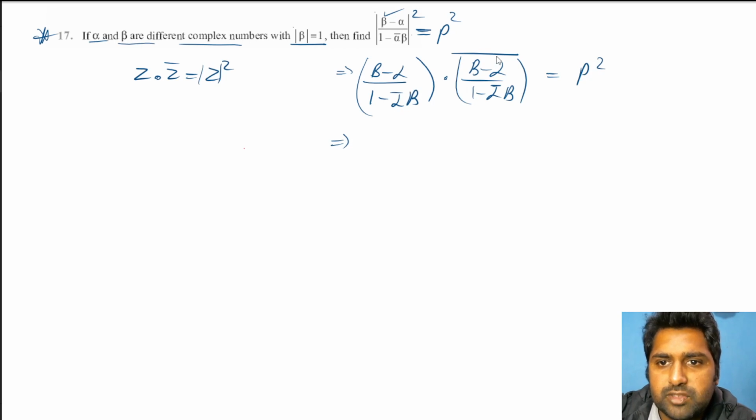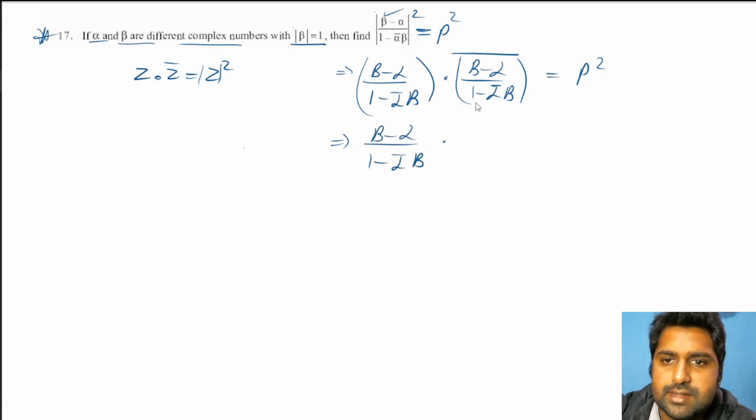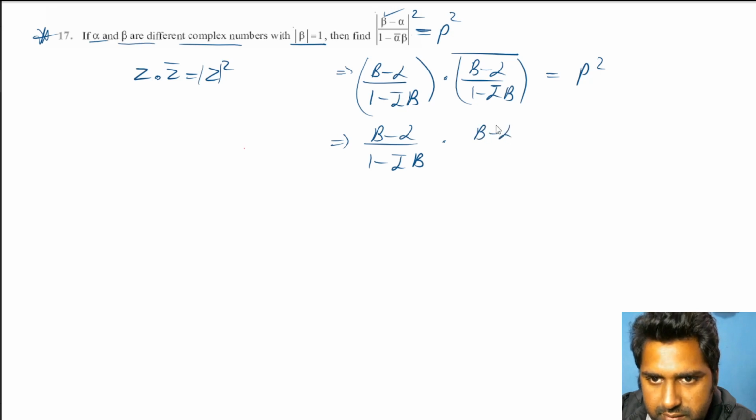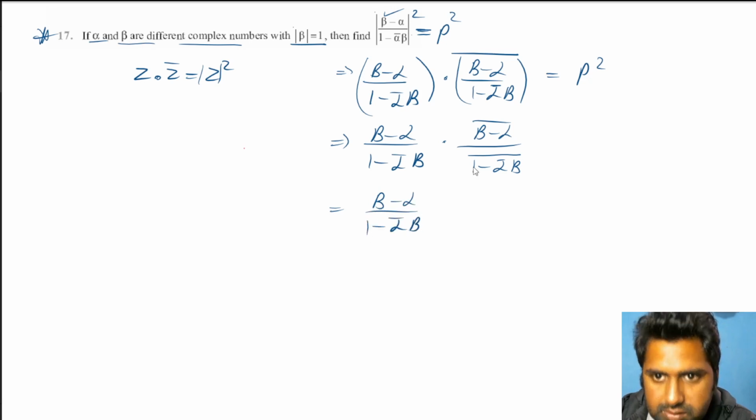Now we can split this complex conjugate in numerator and denominator. So beta minus alpha upon 1 minus alpha bar beta, it is beta minus alpha bar, numerator we have split the conjugate, and denominator also 1 minus alpha bar beta, complex conjugate. Now complex conjugate can be split across plus, minus, and also multiplication.